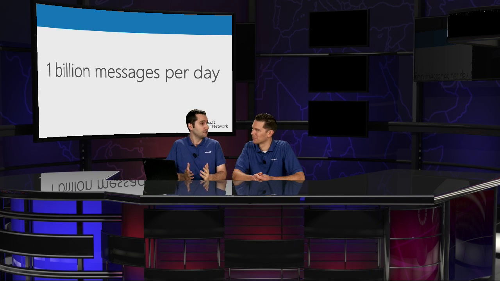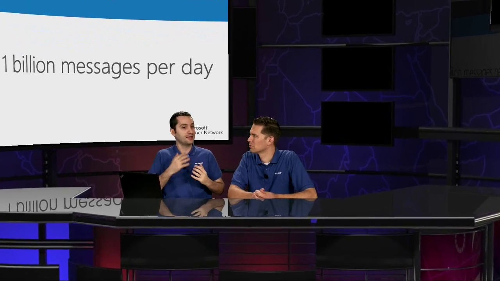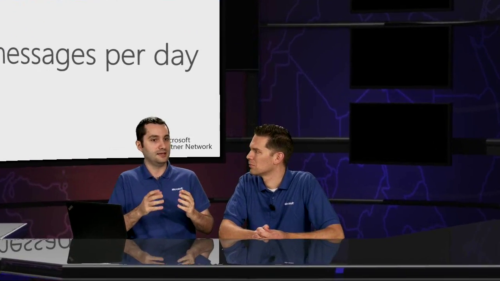Imagine that every single message will pass through anti-spam, antivirus, and all the possible checks that Microsoft and the customer defined in the Exchange Online architecture. It's really a lot.